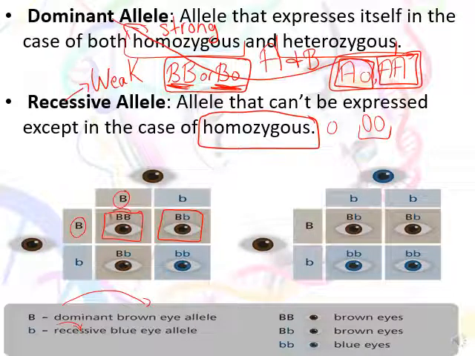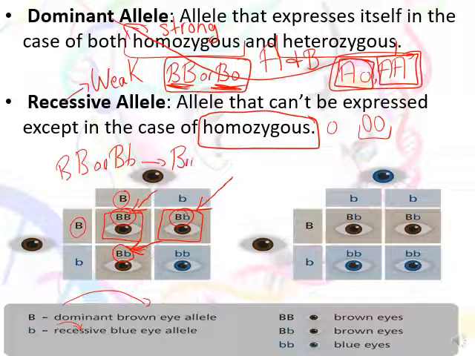Because it is expressed in the homozygous case and also in the heterozygous case, where capital B and small b meet. So all of them give brown, because the brown allele is the dominant one. It is expressed in homozygous as shown here, or in heterozygous as shown here. Both BB and Bb give brown, since the brown allele is dominant, so it can be expressed in both cases, homozygous or heterozygous.